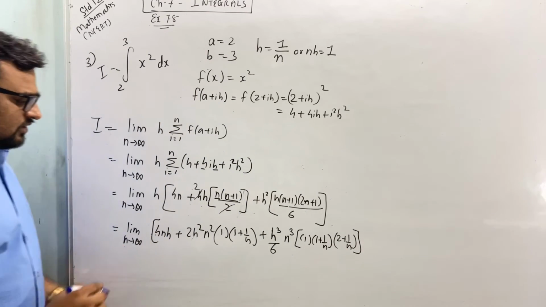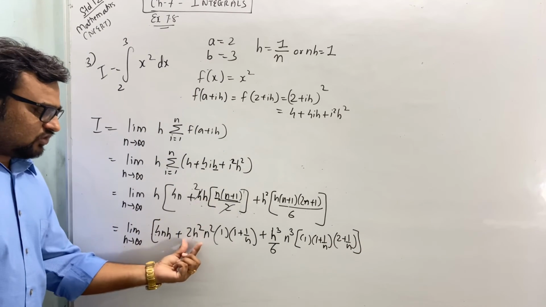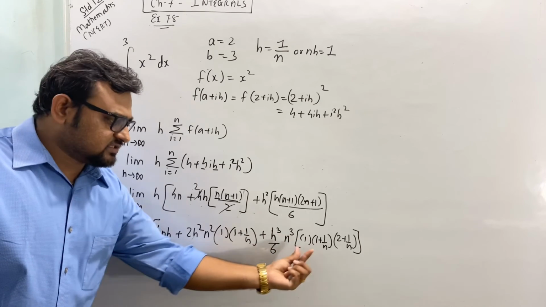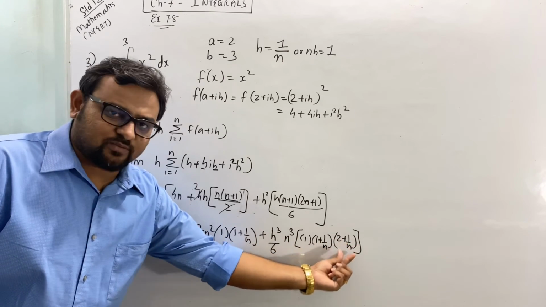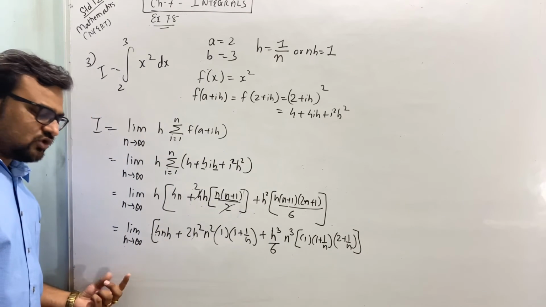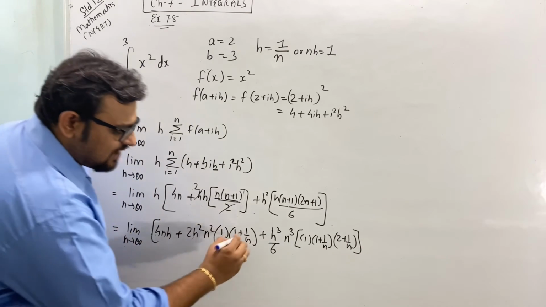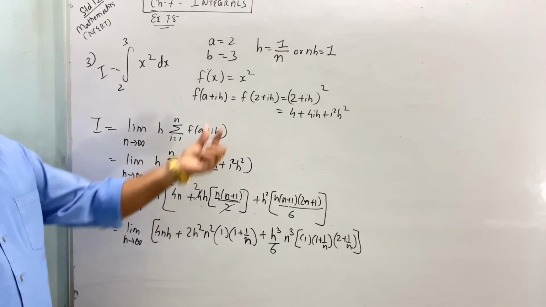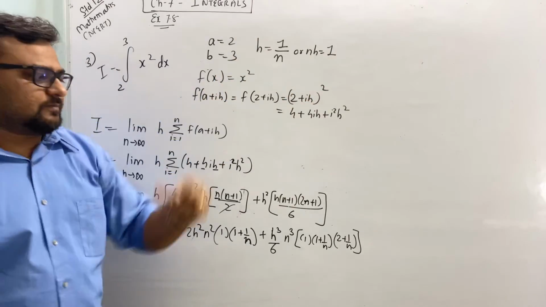Clear? So see, 4nh, 2h square n square, 1 into 1 plus 1 by n, h cube n cube by 6, 1 into 1 plus 1 by n, 2 plus 1 by n. Now I will remove the limit. So at every place where there is n, I will put the value infinity, and when there is nh, I will put the value 1.